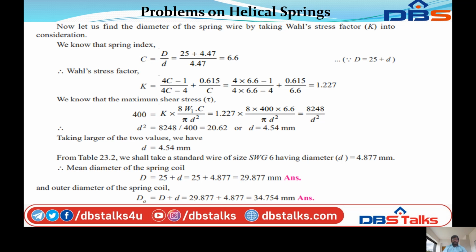We know that the maximum shear stress τ is equal to K × 8 × W1 × C by π × d². Tau is already given, so we can calculate d.